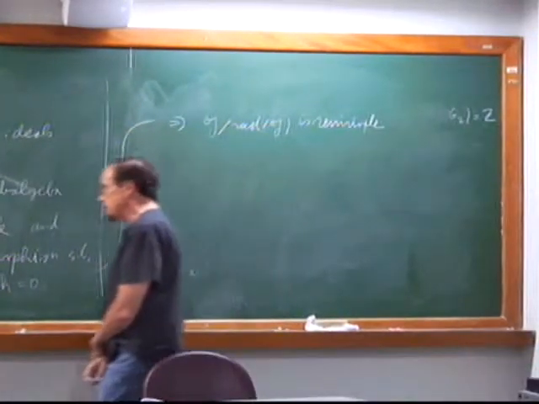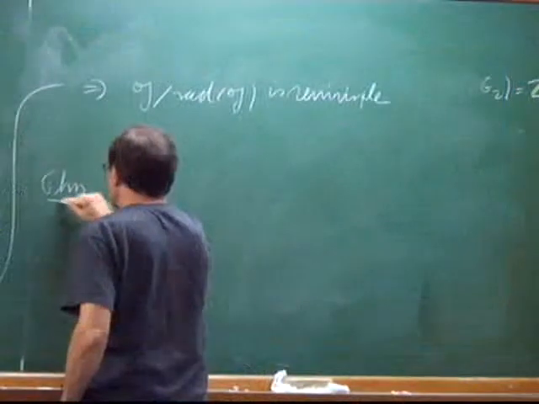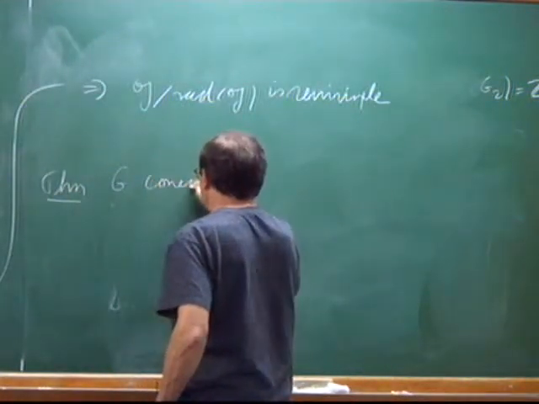So for example, one thing one proves using that is the following theorem. Say G is a connected Lie group.